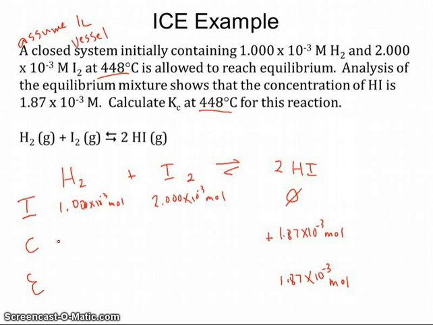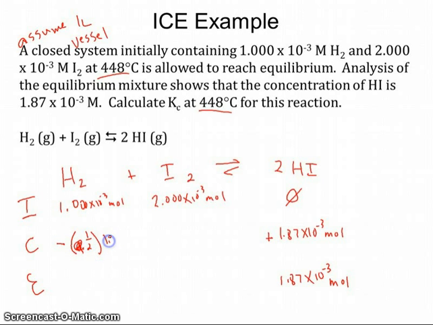I know that H2 should go down because it's on the opposite side, by the same amount as HI goes up. So for every 1 H2 that I have, it's going to take one of those to make 2 HI. So I'm going to have half as much H2 going every time I make an HI.